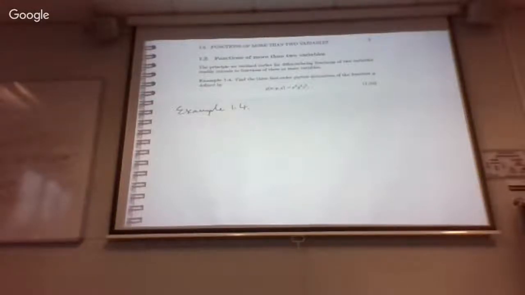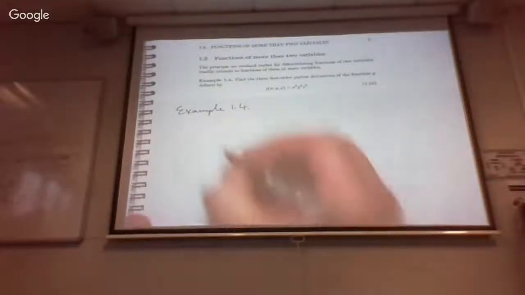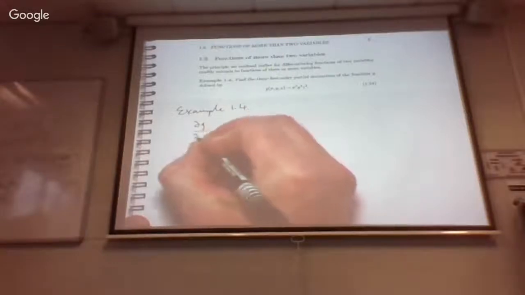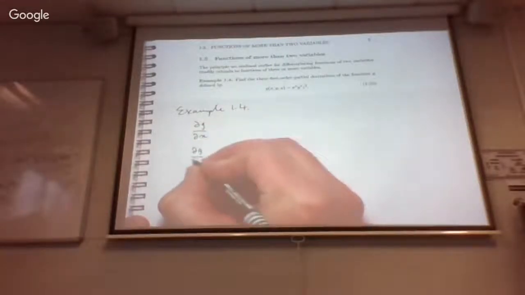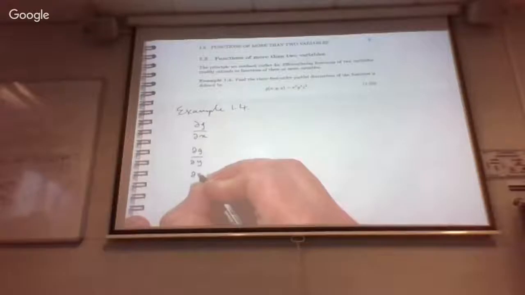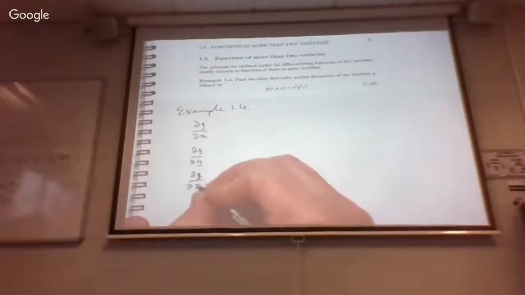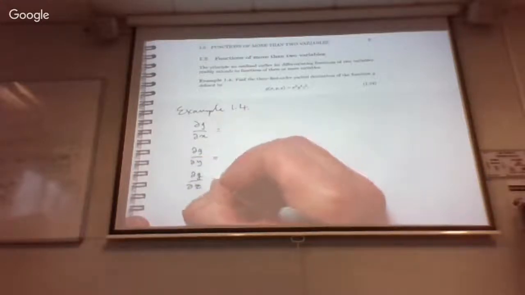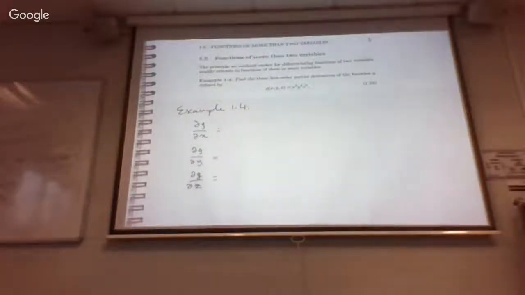It has three first order partial derivatives. Okay? dg dx, dg dy, and dg dz. And each of them we can obtain using that principle of partial differentiation.